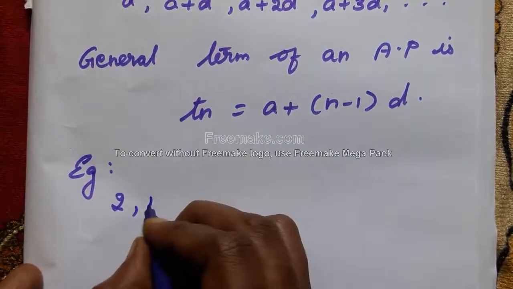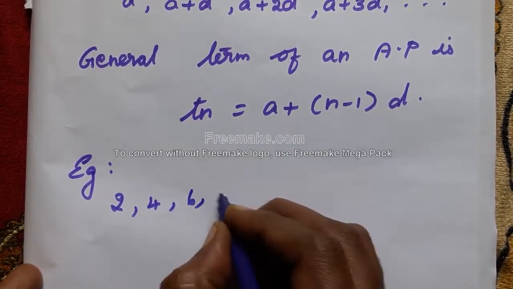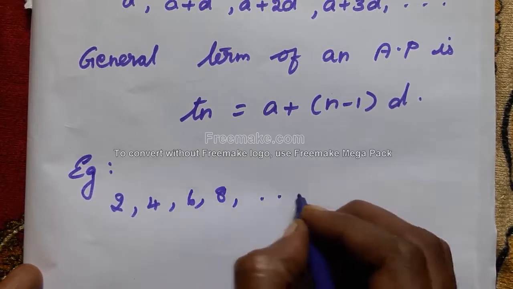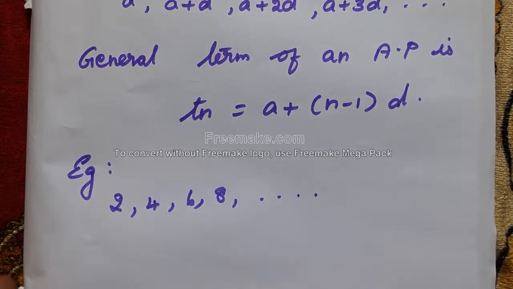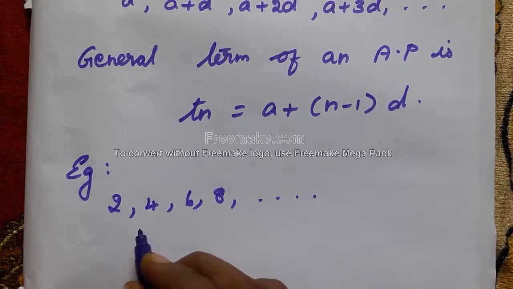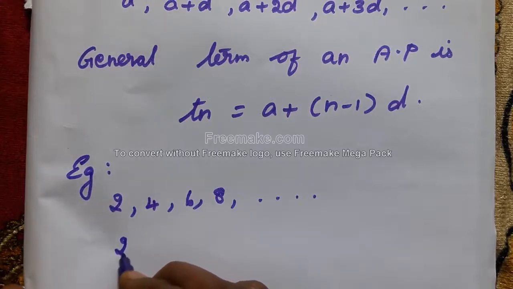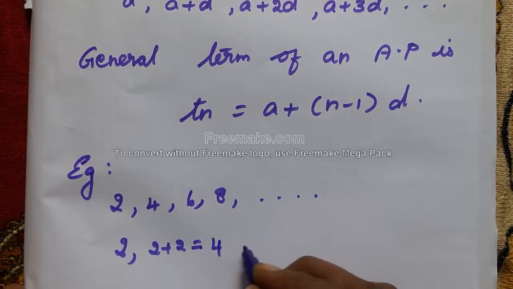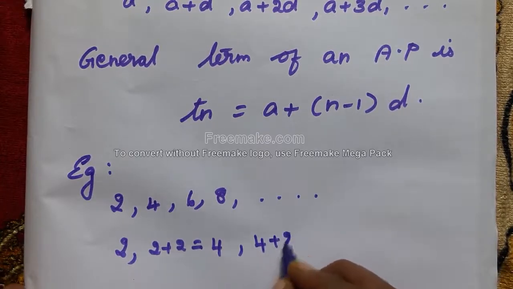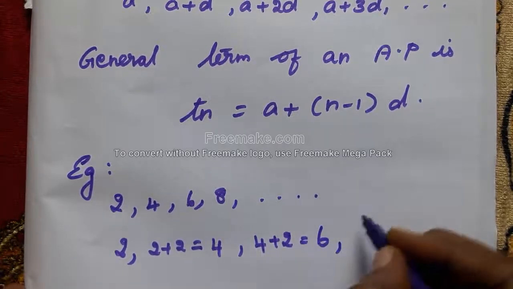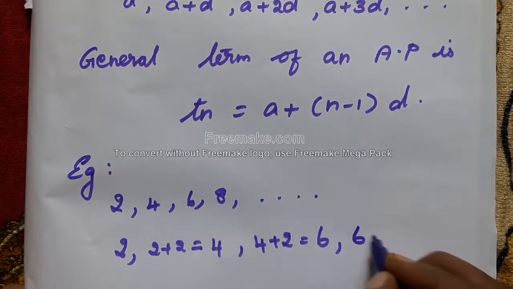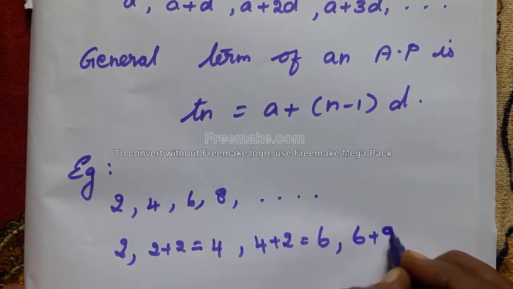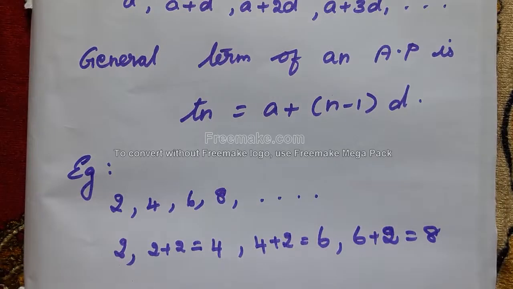2, 4, 6, 8, etc. This is one of the arithmetic progressions. Why is it an arithmetic progression? First 2. Next, 2 plus 2 is equal to 4. Next, 4 plus 2 is equal to 6. Next, 6 plus 2 is equal to 8.